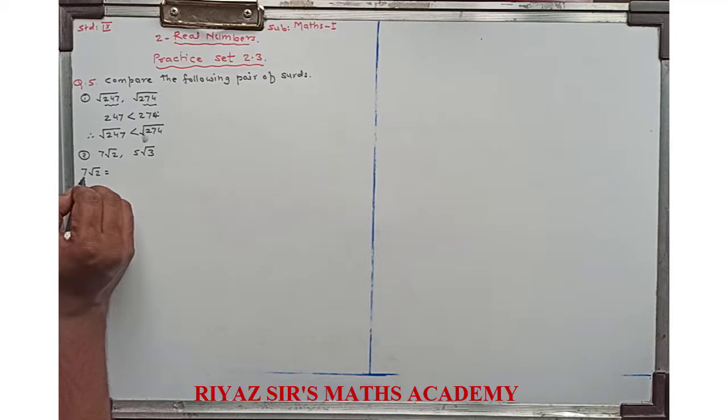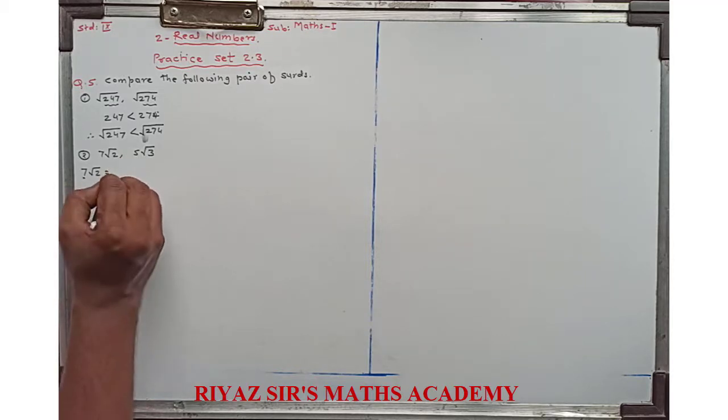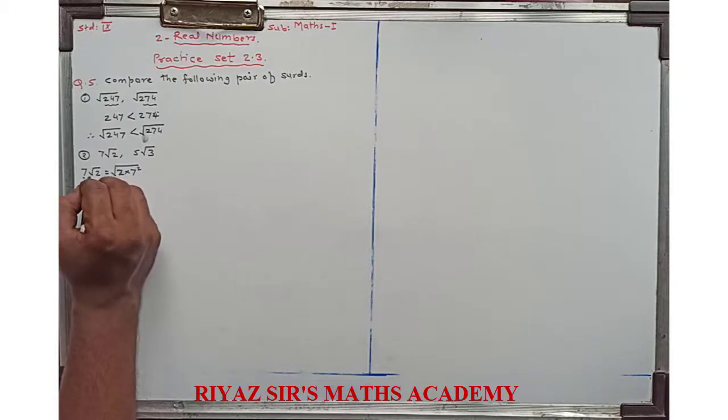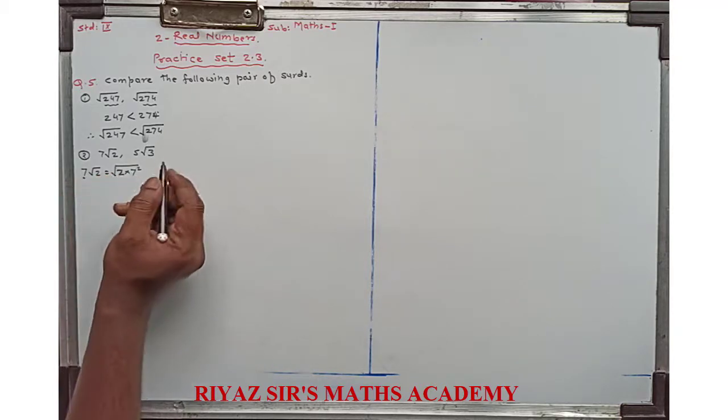So how can we remove this 7? Just take that 7 under the root. So we can write this as 2 into 7 square, by taking square because the order is 2. By taking the square of this coefficient 7, we write that number under root.